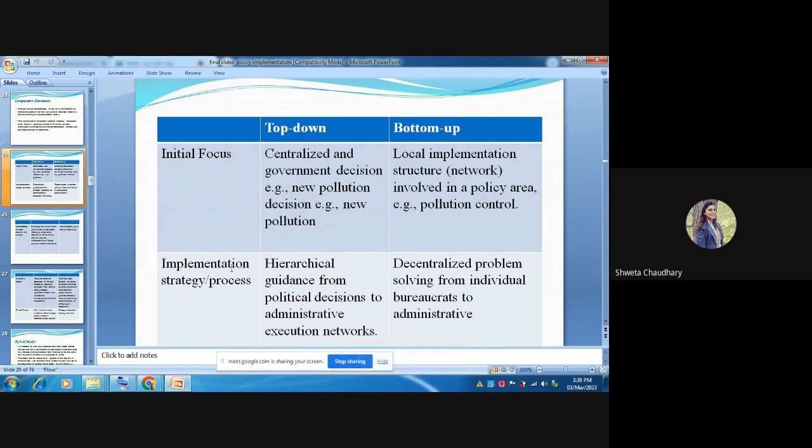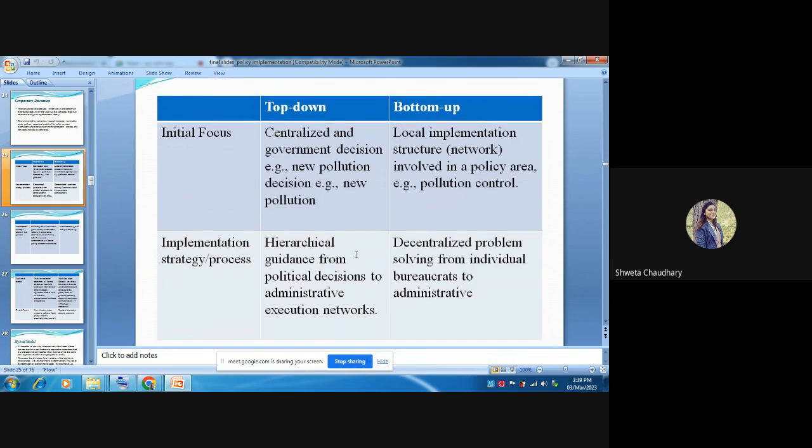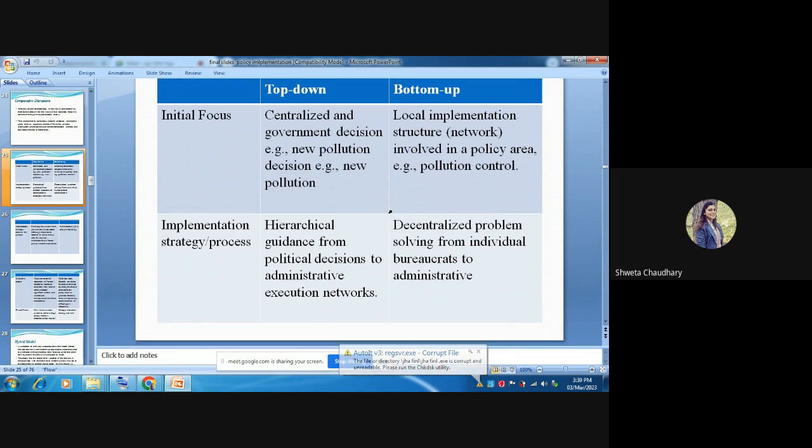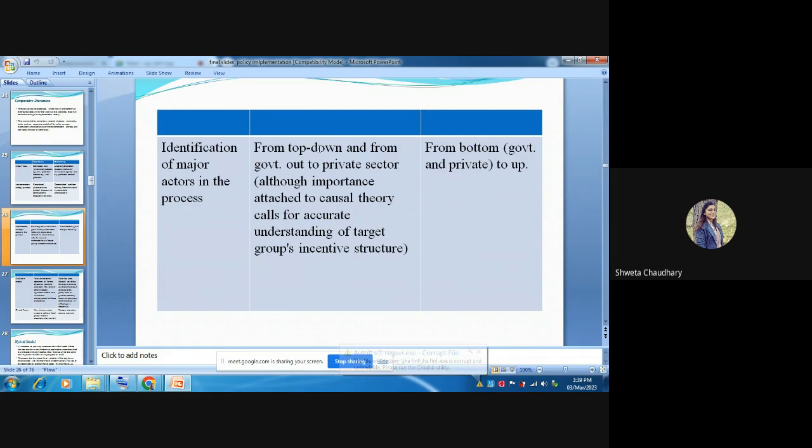Then implementation strategy and processes: this is guidance from political decisions to the administrative or executive network. Things flow from the higher authorities to the lower authorities in top-down, and from government out to the private sector. This is from bottom to the upside.